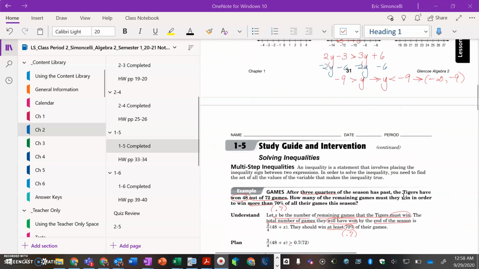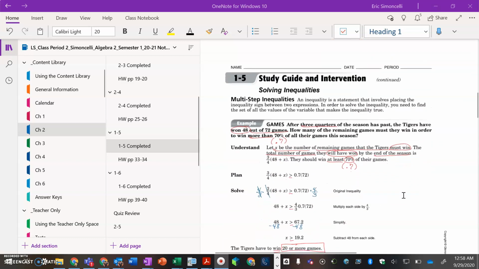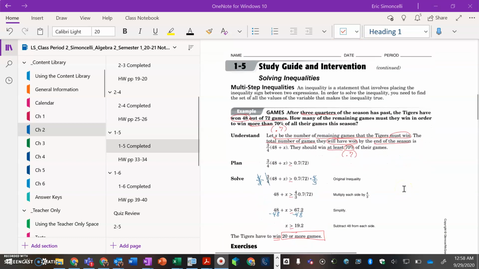Next page. We did discuss this in class, so I'm going to just highlight the basics. If you recall, when we looked at this multi-step inequality scenario, I highlighted some of the aspects of the word problem itself. After 3/4 of the games have passed, the Tigers have won 48 out of the 72 games.